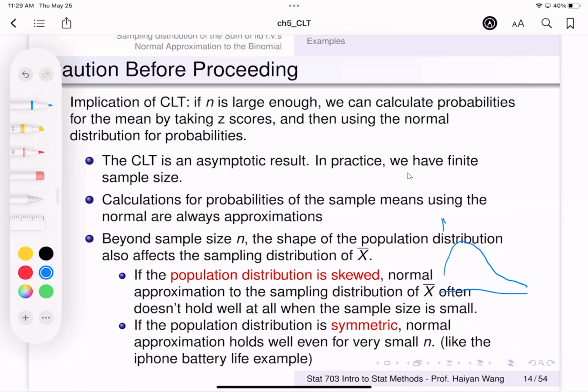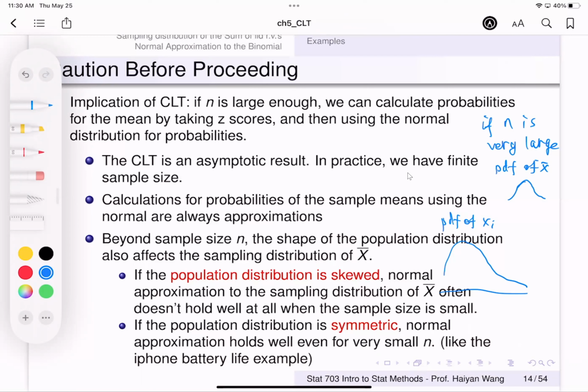This is the PDF of the xi, and the PDF of x bar will still be approximately symmetric when n is large. So if n is very large, the PDF of x bar will look symmetric, even if the population is skewed.